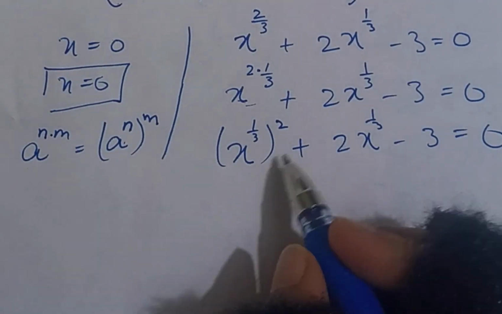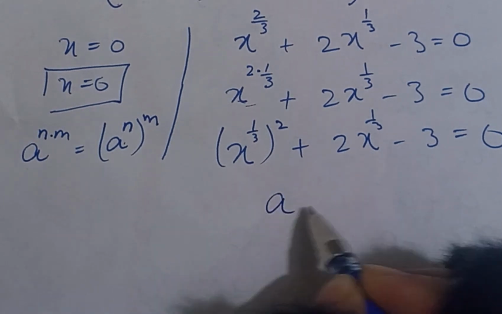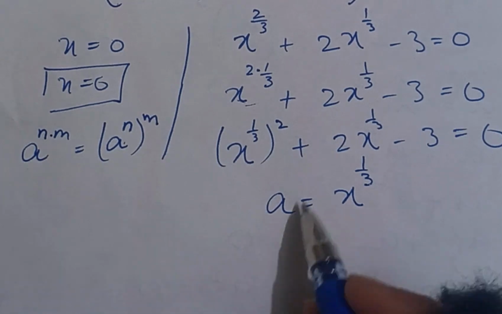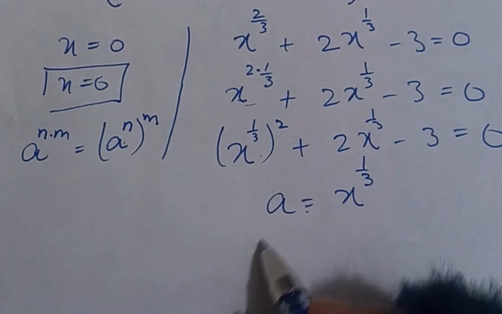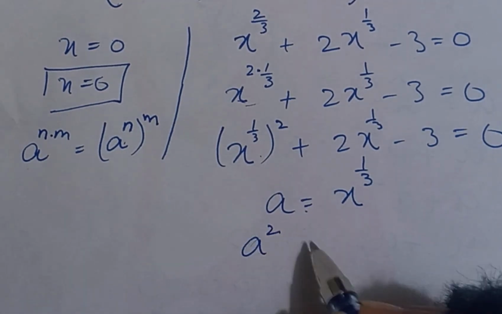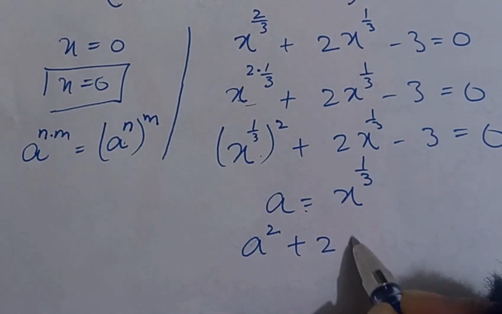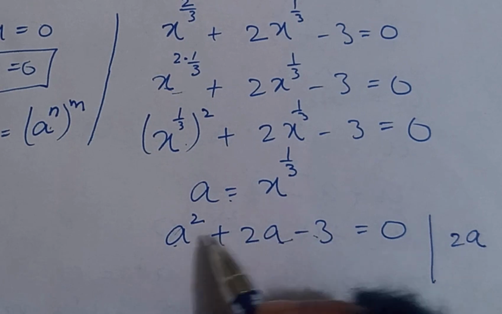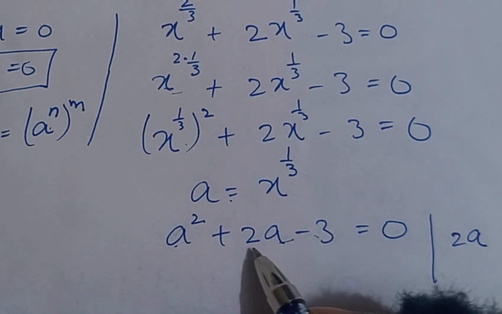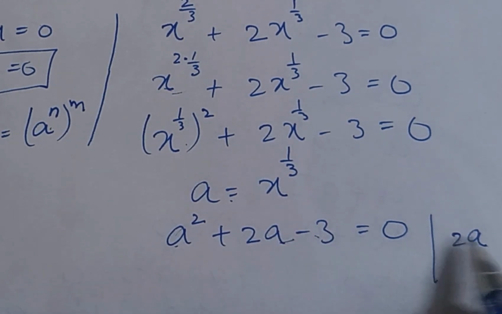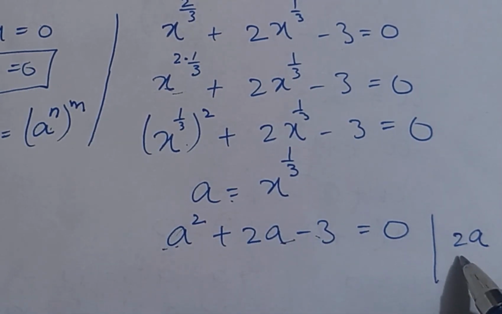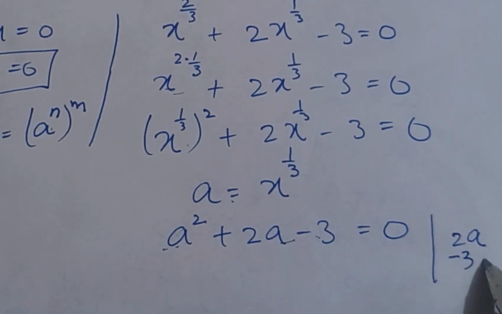Now in the next step we let a be equal to x raised to the power 1 over 3. So the above equation will become a square plus 2a minus 3 is equal to 0. And this is a quadratic equation, so we factorize. First of all, our middle term is 2a, and if we multiply the first and last terms, then we get minus 3a square.